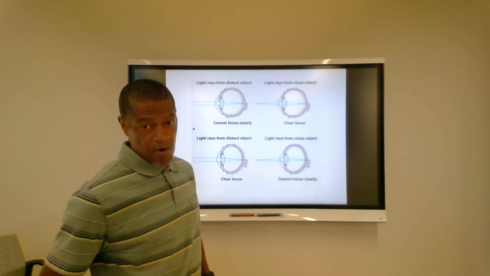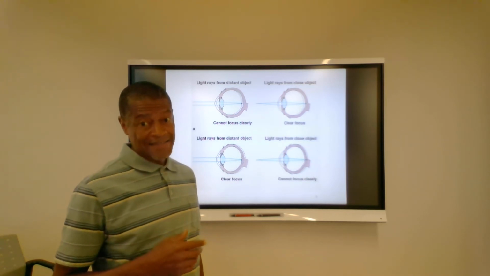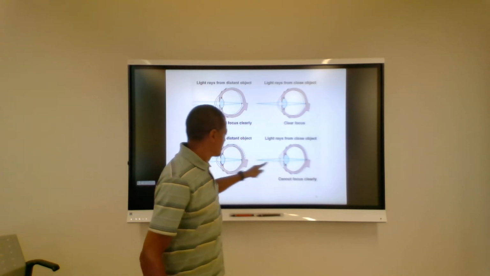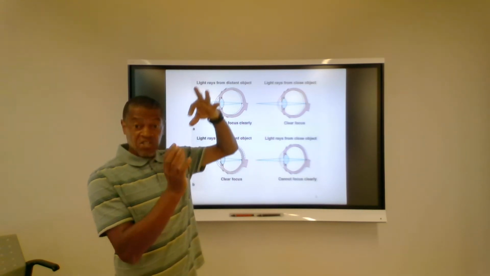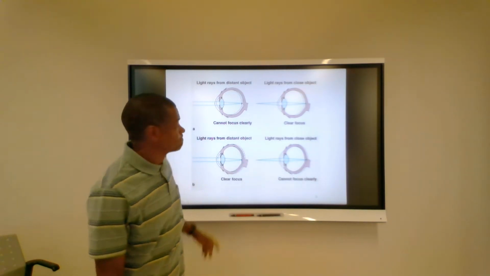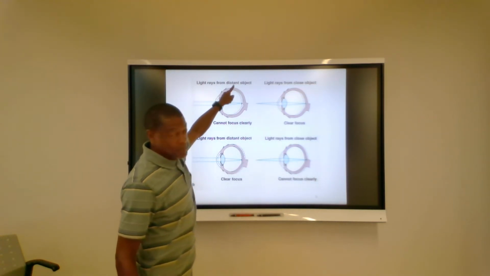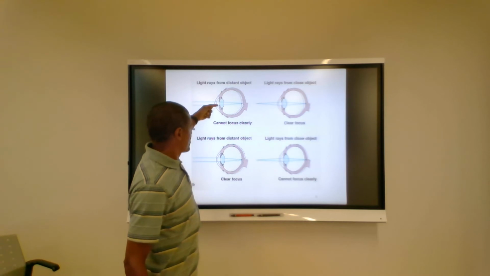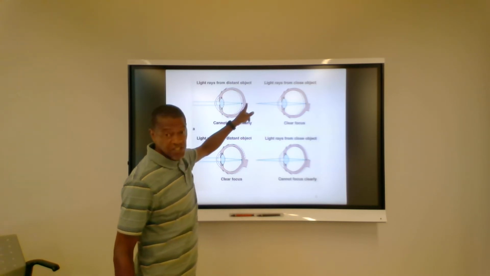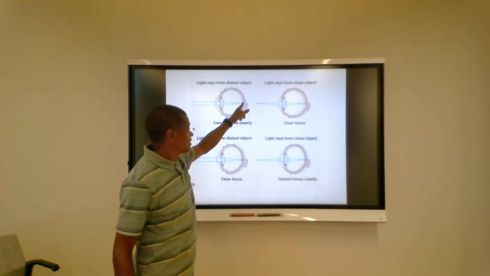So if you think about the eyeball and why some people wear glasses, there's a lens. Depending upon the shape, depends upon if the image is going to get onto the retina. So right here is the light rays from a distant object. Right here, it cannot focus clearly because the dotted line shows that it's not reaching the back part of the eye, the retina.